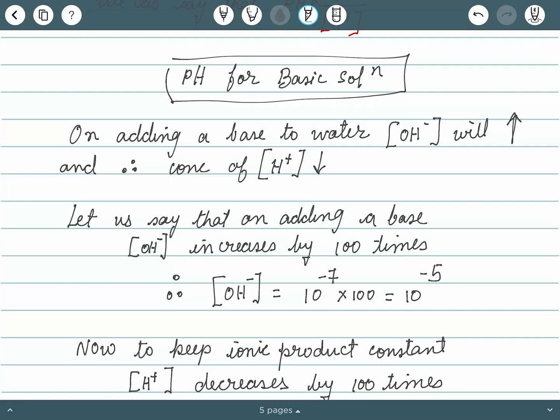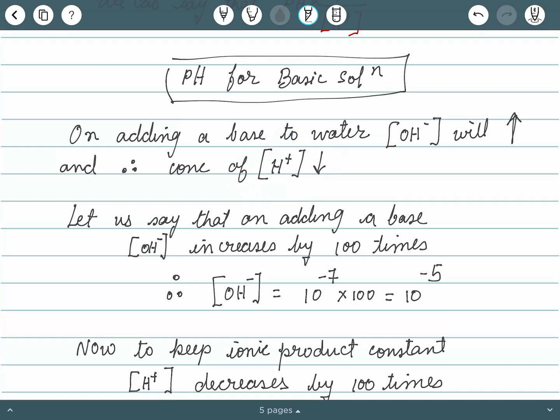What do bases do? Obviously, on adding a base, what we do is we increase the concentration of OH minus. But as we increase the concentration of OH minus, the concentration of H plus has to decrease so that we can keep ionic product constant.